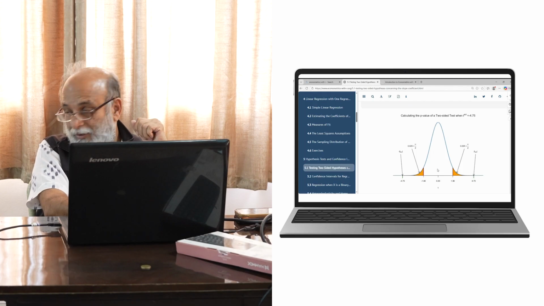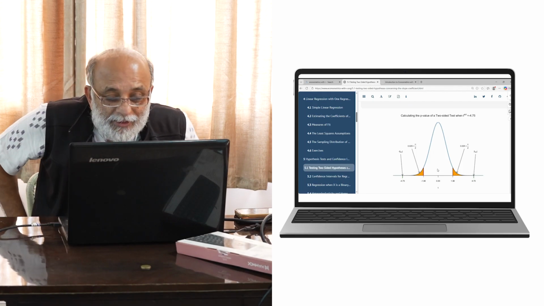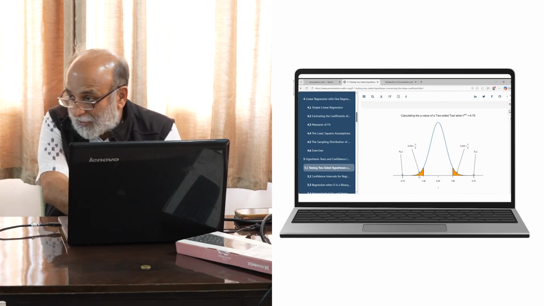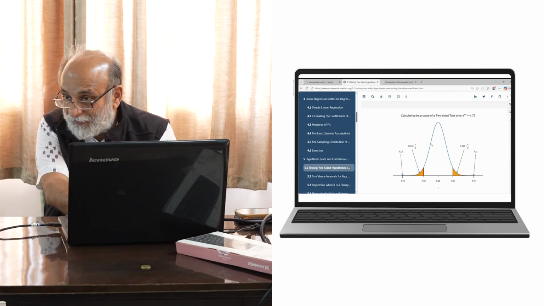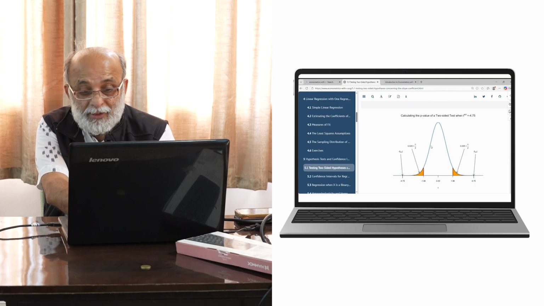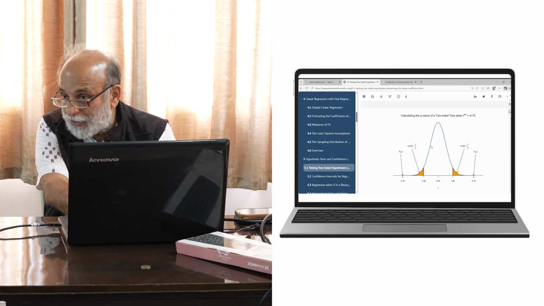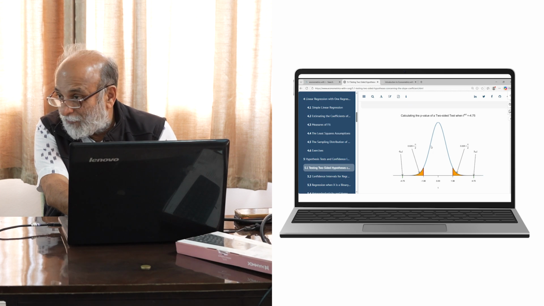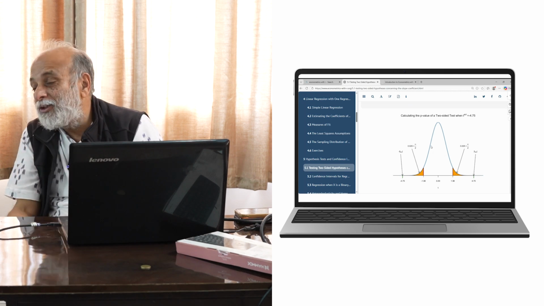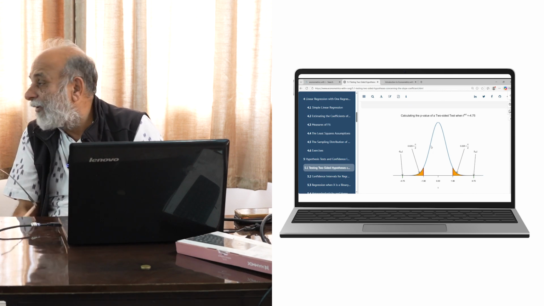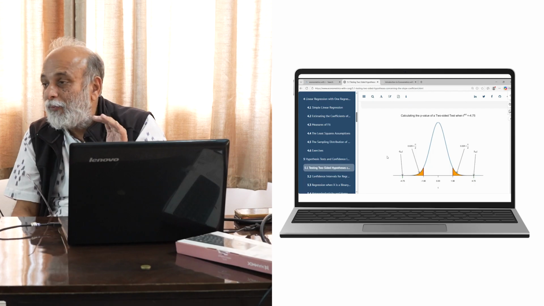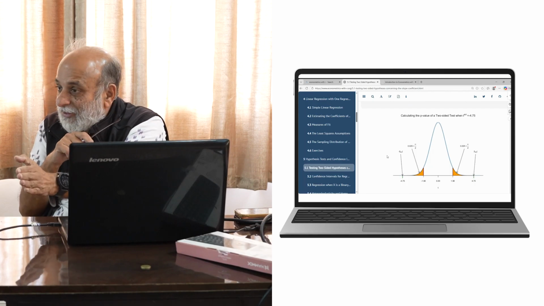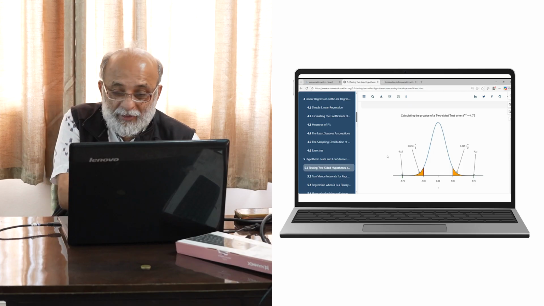So basically what this will tell students is that we are looking at a 5% level of significance. This is half of it because we are using a two-tail test. Therefore 0.025 is alpha upon 2. So what is alpha here? 0.05, that is the level of significance. Alpha upon 2 is 0.025. So this is the left side region, this is the right side region. And where is our t value lying?